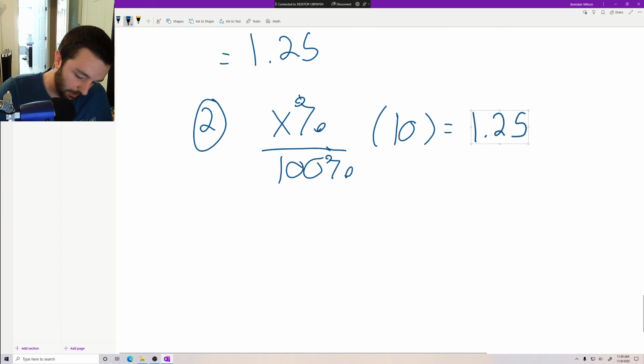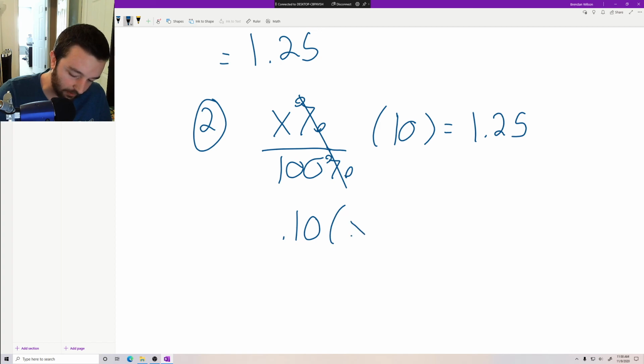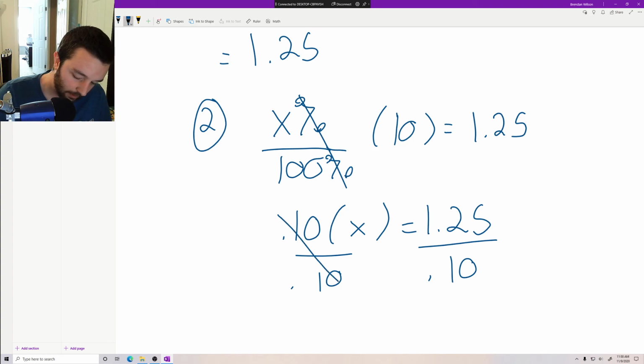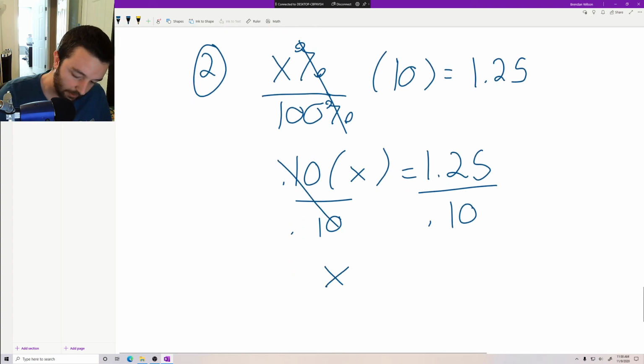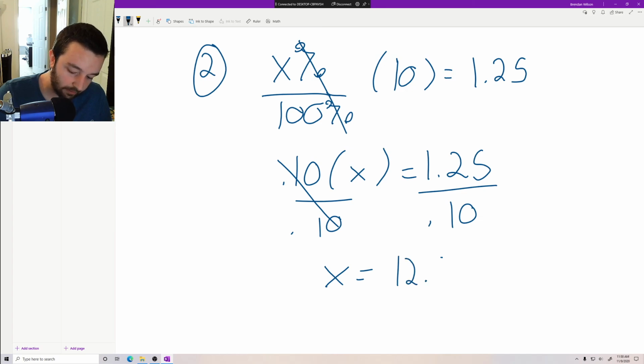So percents cancel here. 10 divided by 100 is 0.1, 0.10 if you like, equals 1.25. And then we divide by 0.1 on both sides to get rid of it. And so we get X is equal to, if you do that in your calculator, 12.5.